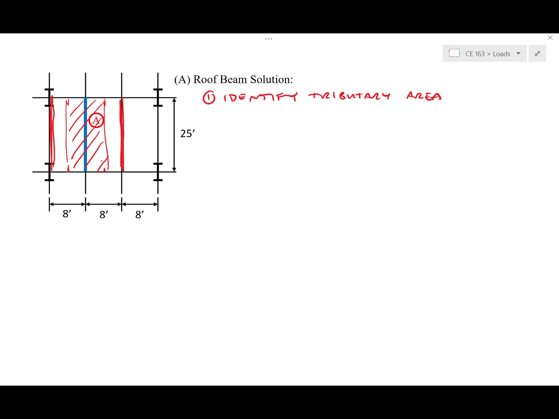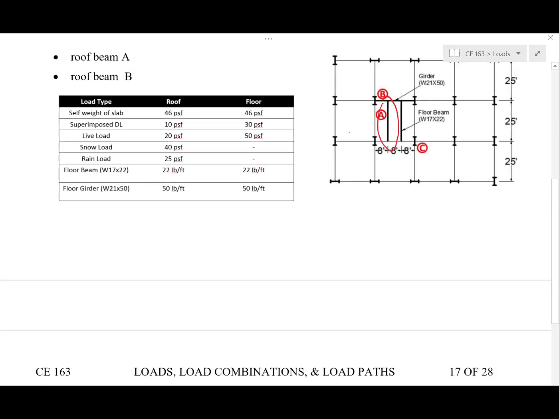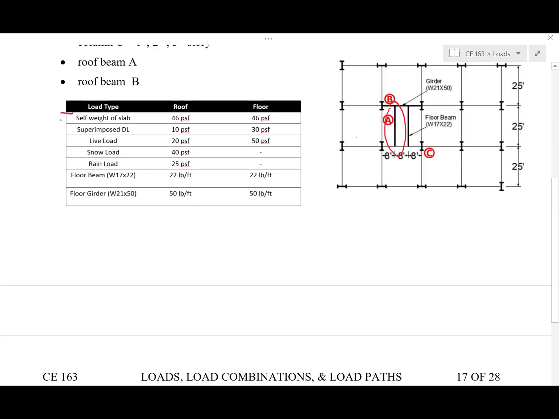So the loads that we need to consider are always the dead load, and on the roof we are also going to have to deal with the weather effects and potential occupancy in terms of live load. So let's look at what we're dealing with up above. All right, we have dead load issues, we have snow, rain, and live load.